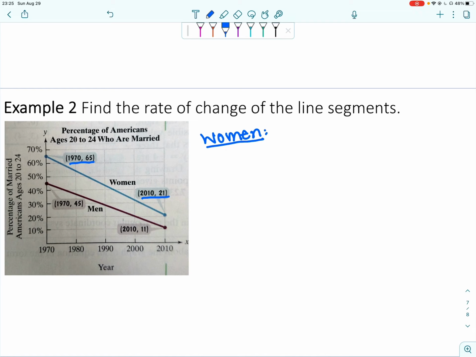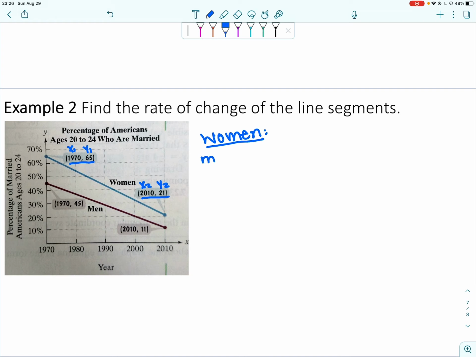So whenever I'm looking at a graph and I'm determining which ones am I going to make my 1s and my 2s, I always just go from left to right. So x1, y1, x2, y2. There's no real rhyme or reason for it. It's just easier because we read from left to right. So I'm just going to go from left to right.